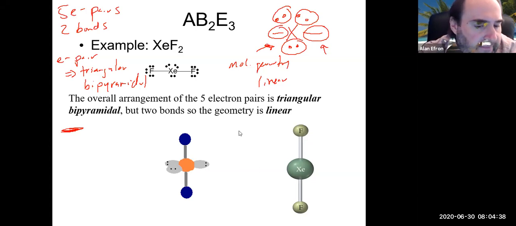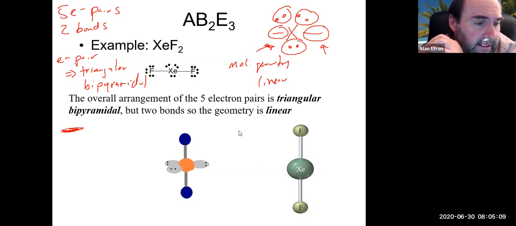And then we also have the overall shape, sometimes referred to as the molecular geometry, and that's the overall shape of the molecule. As those electrons move around and try to get themselves into the optimal position for their particular arrangement, the overall shape of the molecule moves around and changes a little bit. When we do geometry, there are a couple of things we want to make sure of.